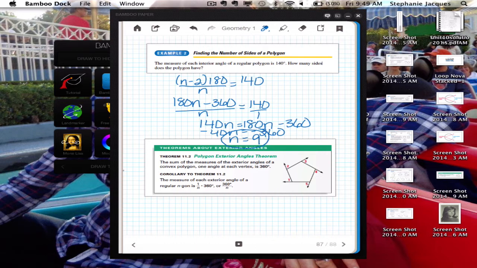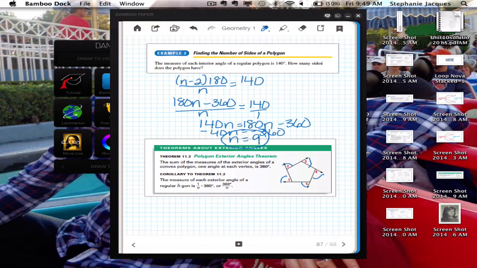Okay, let's move on. Now we're going to deal with the exterior angles. Remember how to find exterior? You extend the lines, and there's your exterior angles. The sum of the measures of the exterior angles of a convex polygon, one angle at each vertex, is 360. So if I add all these, it should equal 360.